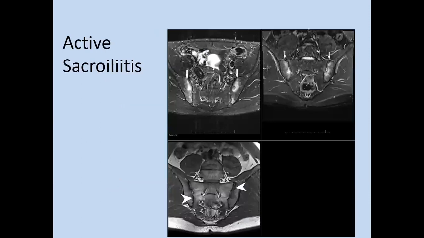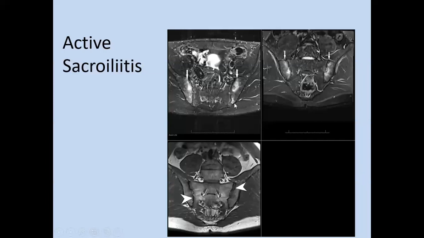So how does it look on MRI? Active sacroiliitis, this is how it looks. This is the axial T2 fat-saturated, this is the coronal T1, this is the coronal T2 fat-saturated sequence, and we see this area of osteitis. If we go back to the 3 criteria we just saw on the previous slide, this is the subchondral periarticular osteitis.